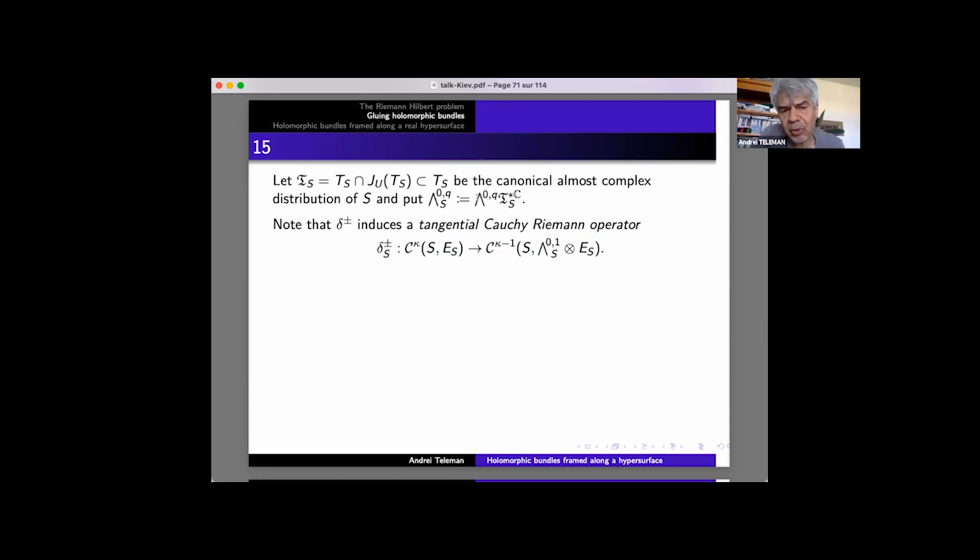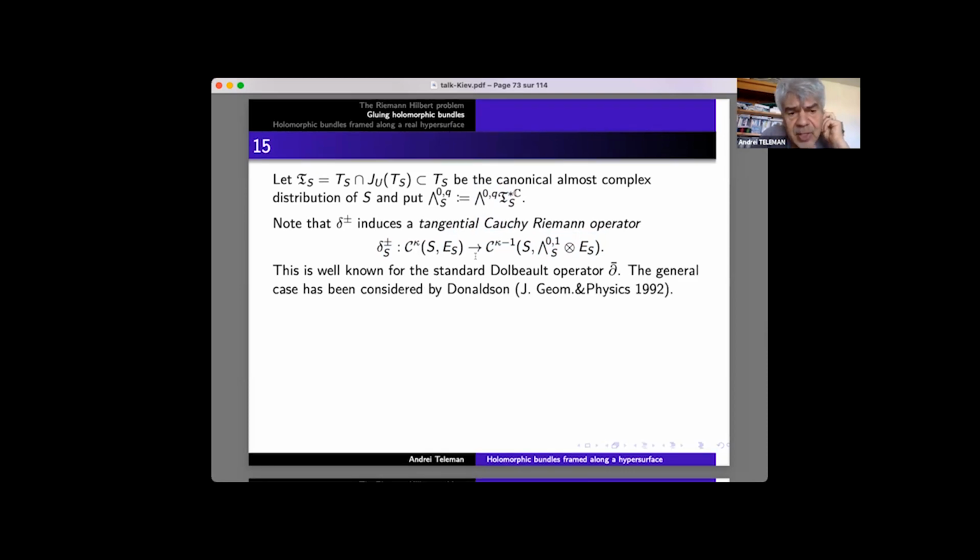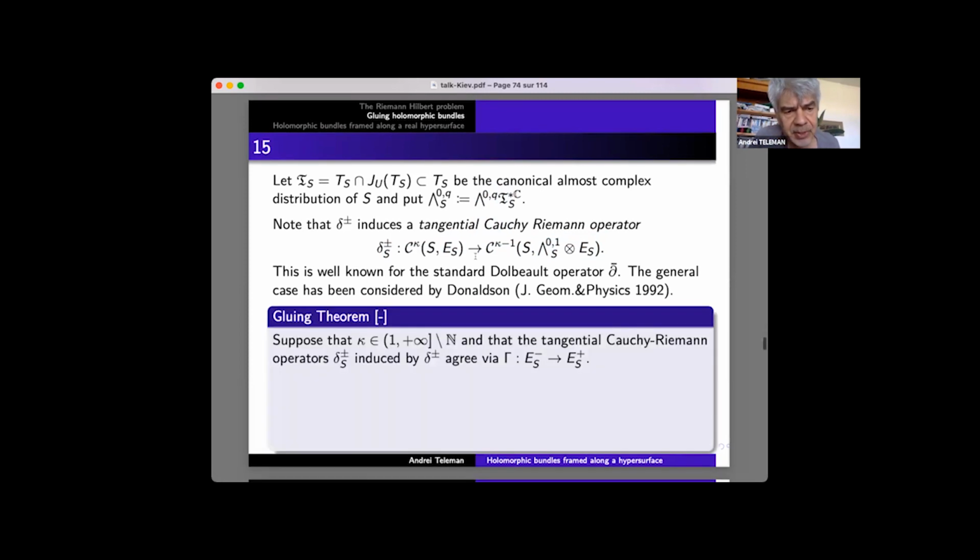So in fact, I only need these bundles for q equal to 1. This is well known for the standard Dolbeault operators. The general case has been considered by Donaldson, in a paper which I discovered recently, and I suddenly noticed that it's a very rich source of mathematical ideas.